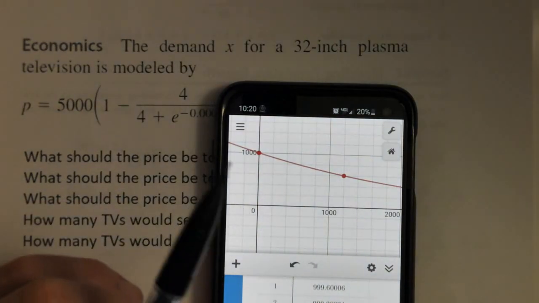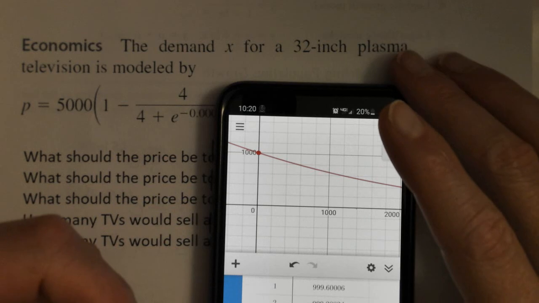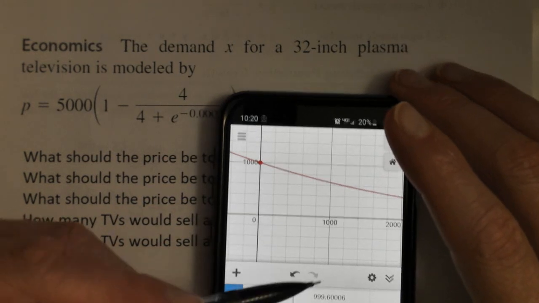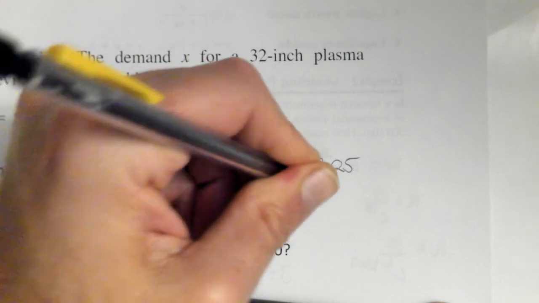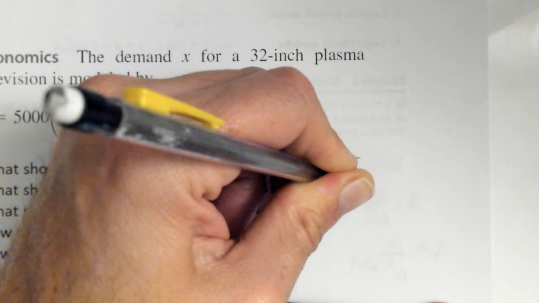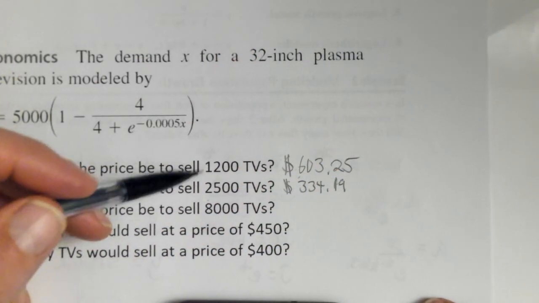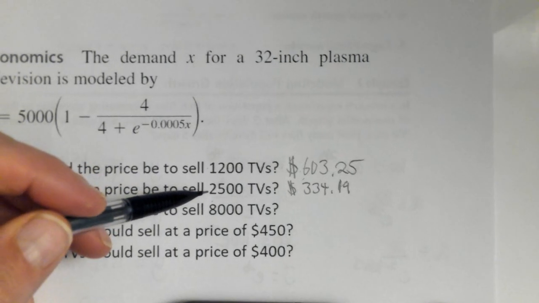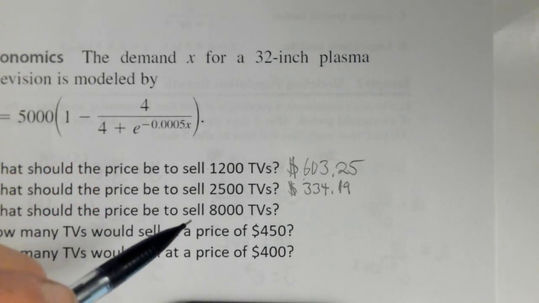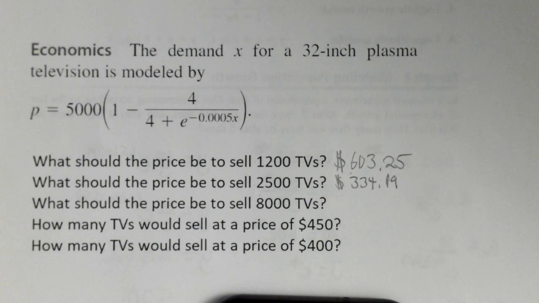Well, let's see. If I want to sell 2,500 TVs, I need to make the price $334.19, which is about half the price of the other one, and I'm selling more than half the number of TVs. So this is the practicality of these types of things.